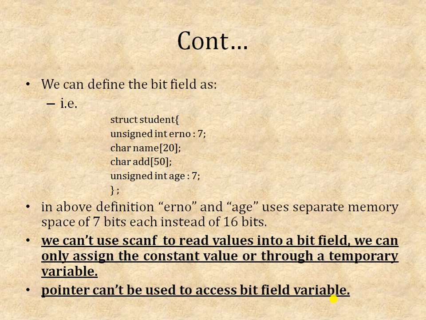So while displaying the output, such a mistake may result in an erroneous output. That is why I have taken unsigned int for enrollment number and age, because the enrollment number and age cannot be negative values. In the above definition, enrollment number and age use separate memory space of 7 bits each instead of 16 bits each.